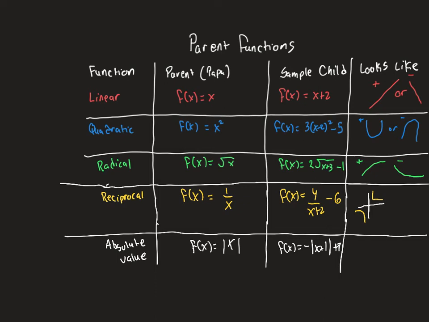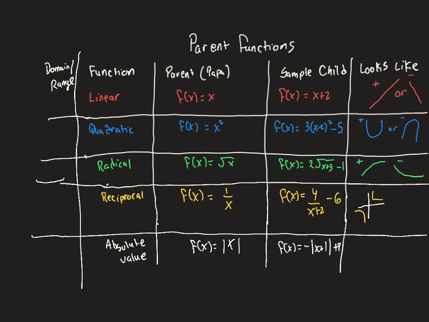So what do we know about this stuff? Well, I'm going to make myself another column here. I'm going to name this domain and range. All right, so in this column, let's take a look. Let's start with linear.